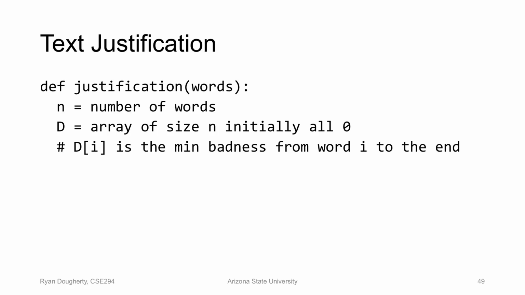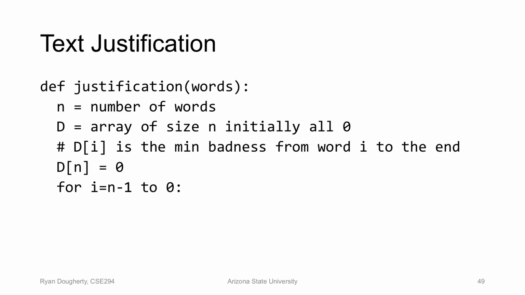So D of 1 is the badness score from the beginning to the end. D of n, of course, is 0, assuming you can fit all words.